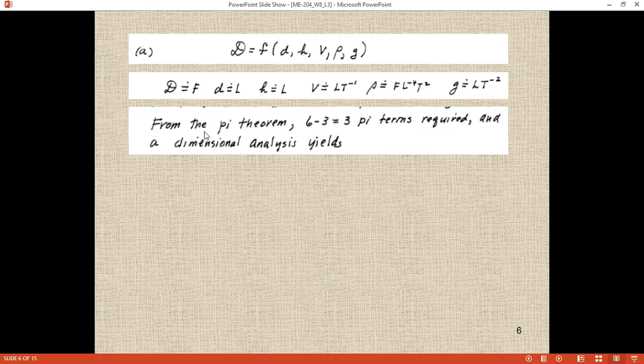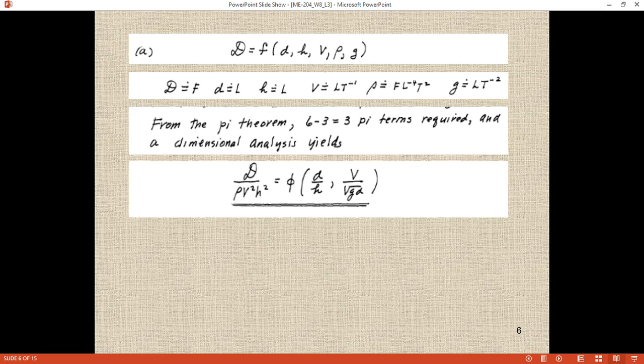From the pi theorem, the total number of variables is 3 and the total number of reference dimensions is 3, so 3 pi terms are required, and the dimensional analysis yields, after solving all by using the pi theorem, this combination of the variables, which is finally got in the form of dimensionless numbers.